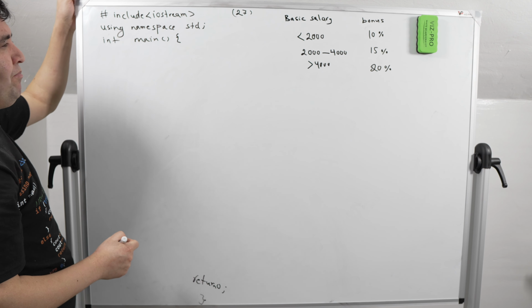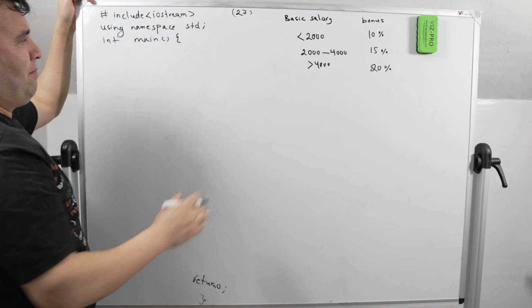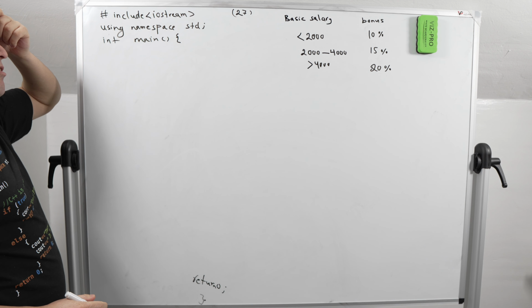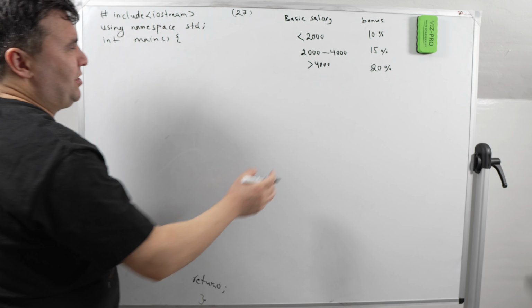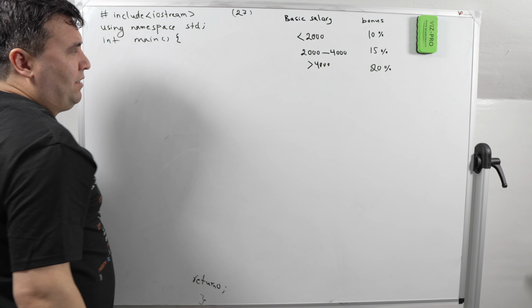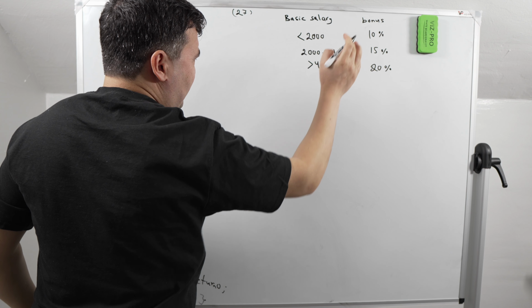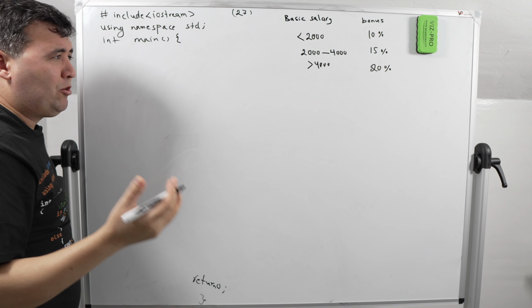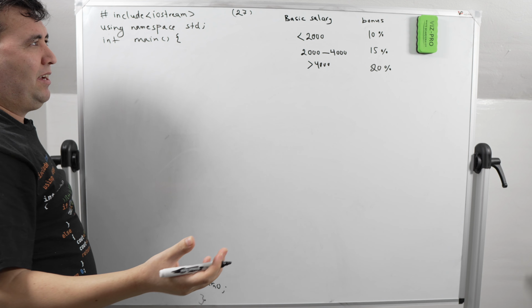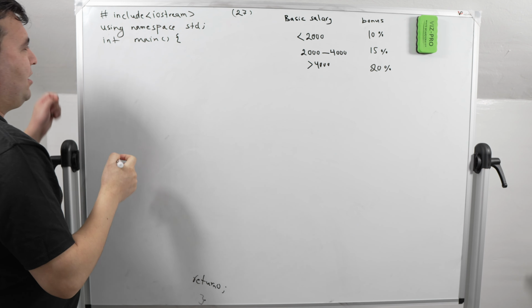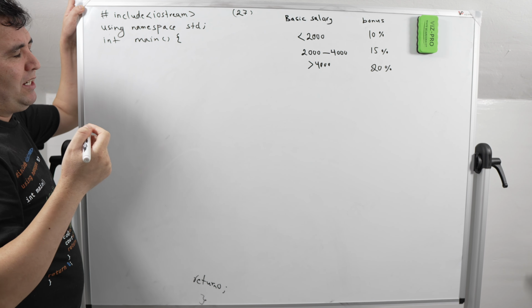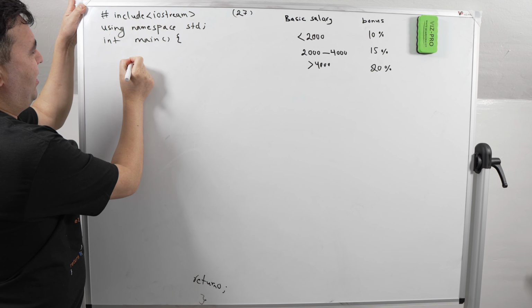So here, if we think about it, we need to get from the user the basic salary. Then we have to calculate the bonus, and then we have to calculate the total salary which an employee can get in this new year. So we need to declare our variables first. I define double.